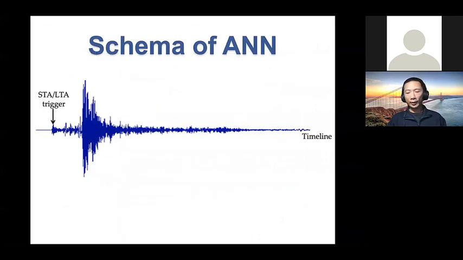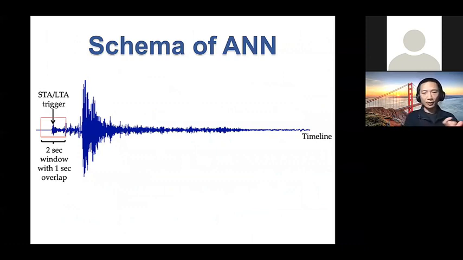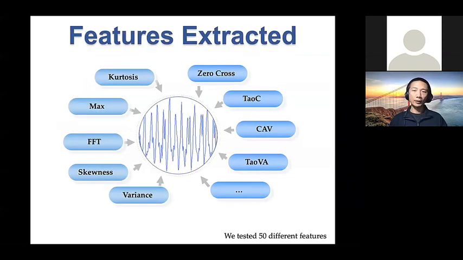So what we have done is use a sliding window, a 2 second sliding window, to slice through the whole time series of the movement. In each window, we extract features like we just showed in the apple and orange example, the features we think can characterize earthquakes and non-earthquakes. So we scan through the whole waveform of the time series and extract the features.